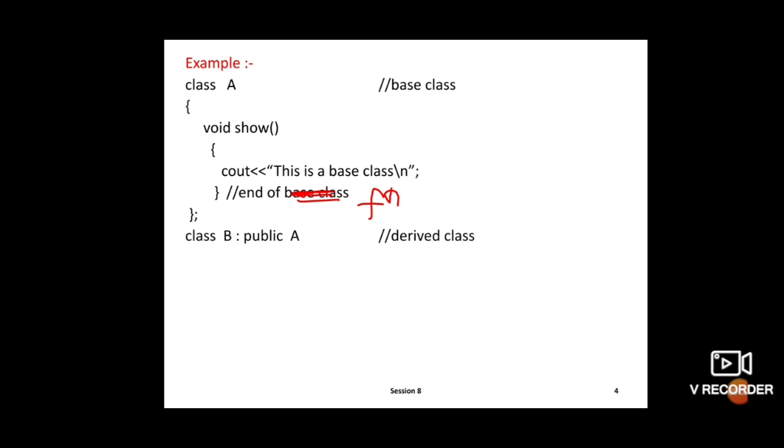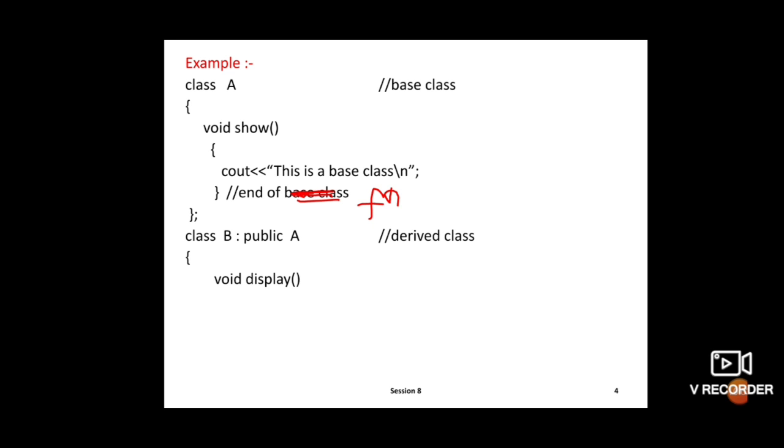Now create a new class based on the old class. Here the old class is A. What is the syntax for the new class? Class, derived class name, colon, access specifier, base class name. Here the derived class name is B, then a colon, access specifier public, then the base class name, which is A. Now begin, and in class B write one more member function, void display.